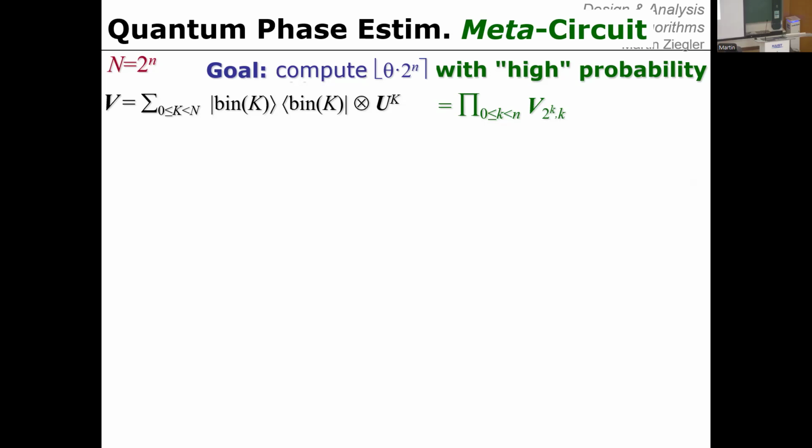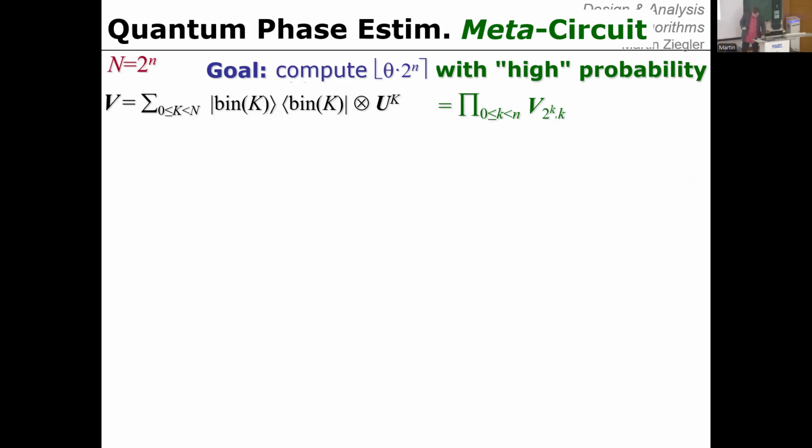Before we would need U squared, U cubed, 4th, 5th, 6th, and so on, exponentially many powers. Now we need only linearly many powers, U squared, to the 4th, to the 8th, to the 16, and so on. Larger and larger gaps in between. But the exponents still become exponentially large, right? The last one is still going to be U to the 2 to the n, or 2 to the n minus 1.